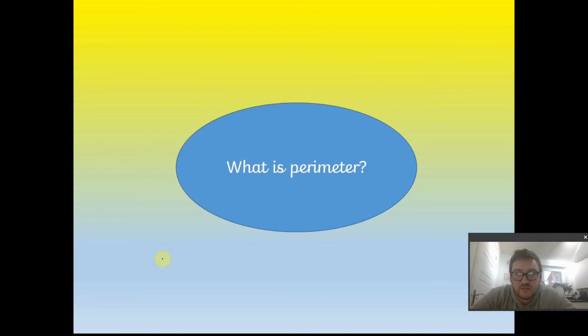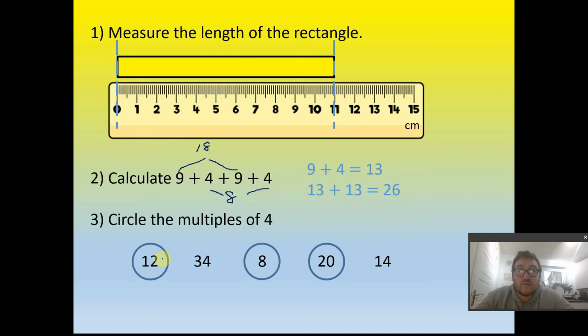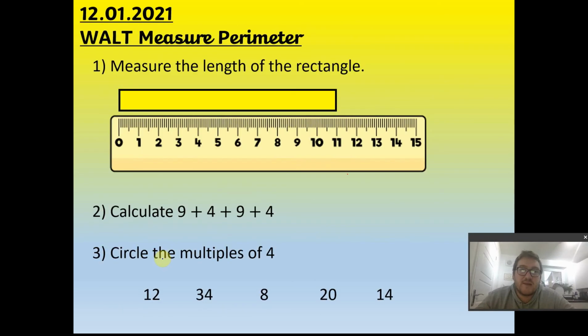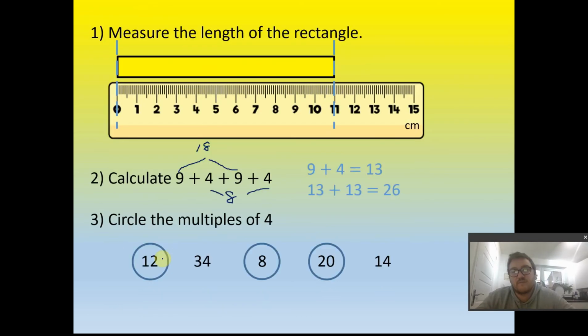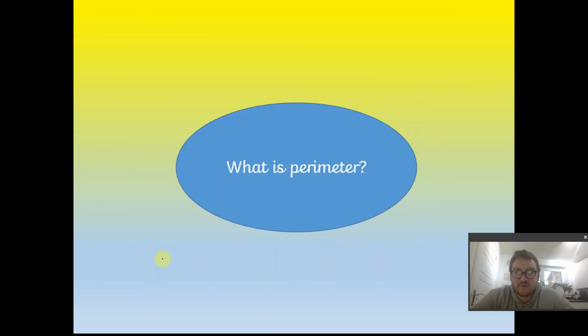So the first question today, to go back to our WALT, which is measure perimeter. What is perimeter? So that's the first question you're going to answer today. So first of all, if you can write down what you believe the perimeter is, if you want to pause the video while you get the answer down.